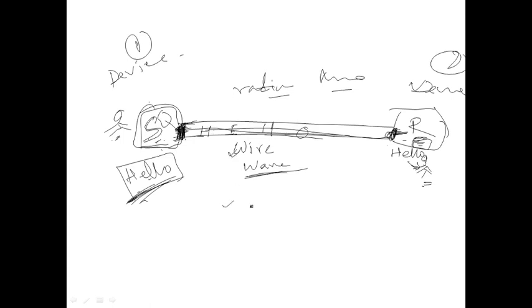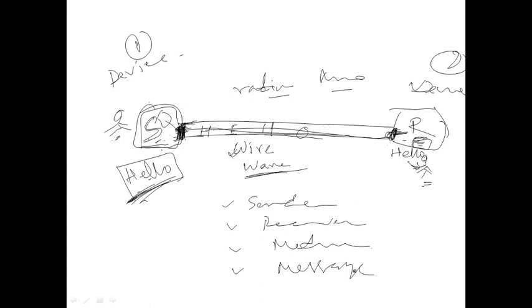So we got the sender, we got the receiver, we got the medium, we got the message. There is another concept: as the sender knows how to deal with this point, and the receiver knows how to deal with this point, the sender knows how to convert that memory information into a certain form, so that it can travel through, and the receiver knows how to get back the data, reassembling or converting, decoding the data from this point and showing it to the user at the end.